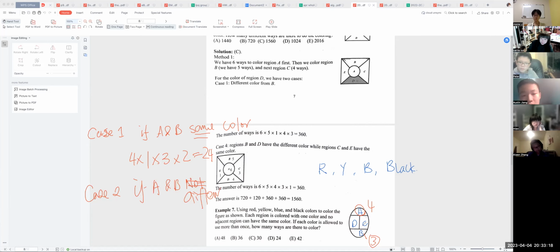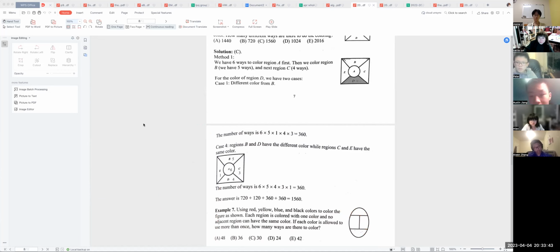So how many options for C? 2, very good. How many options for D? 1. Very good. So 4 times 3 times 2 times 1. Everybody, did you notice that? I know all of them are 24, but it's 4 times 1 times 3 times 2 and 4 times 3 times 2 times 1. So that's why plus together equals 48. So the answer is A. Understood, everybody? Okay, so let's move forward, okay?